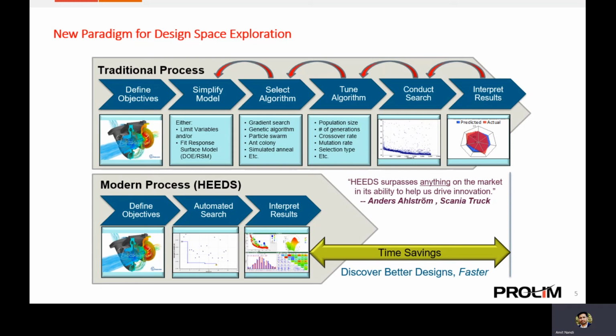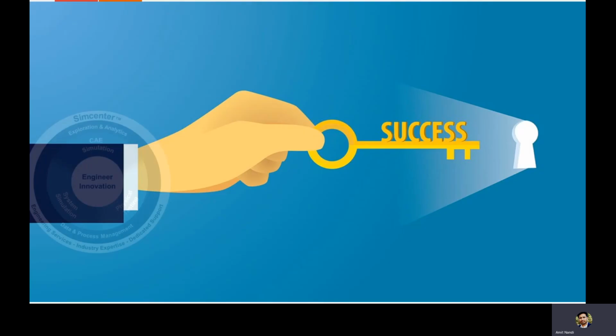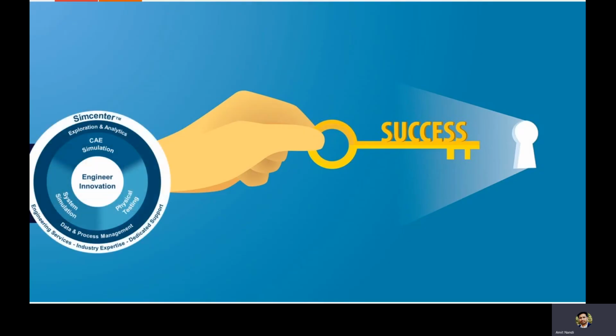With the help of the modern process of SimCenter HEEDS, you can discover better designs faster within a stipulated time. There are a number of case studies available with respect to all these industries.